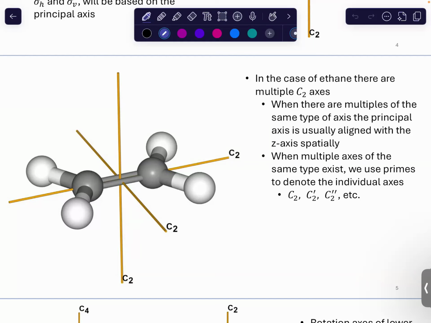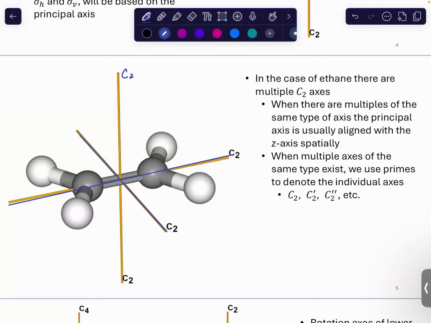If I call the principal axis the C2, you notice how this axis cuts the molecule in a different way than this axis, and they'll provide two completely different rotations.